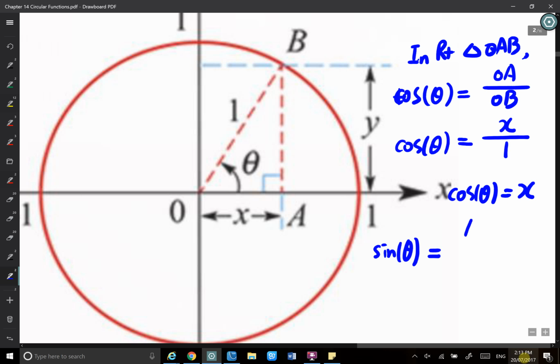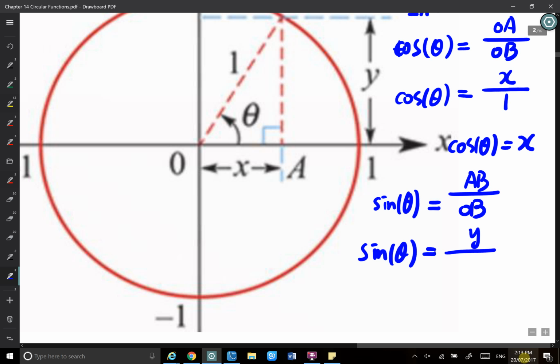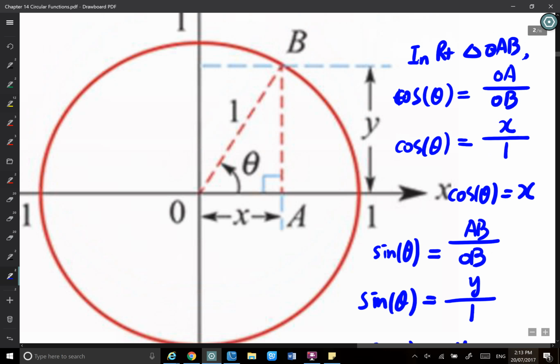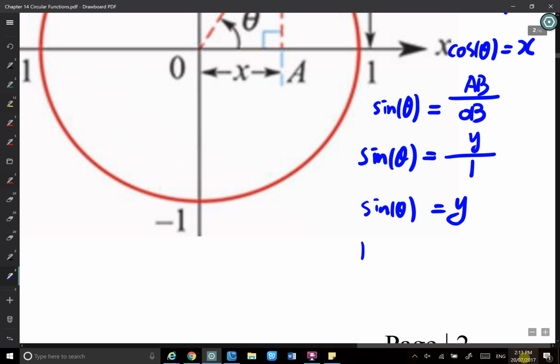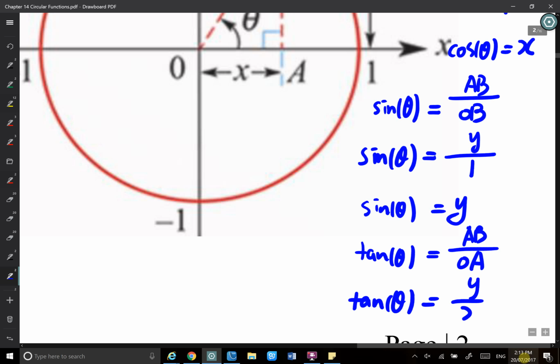Sine theta equals AB divided by OB. AB is the y value divided by 1. So sine theta equals y. So tangent theta equals AB divided by OA. Tangent theta equals y divided by x.